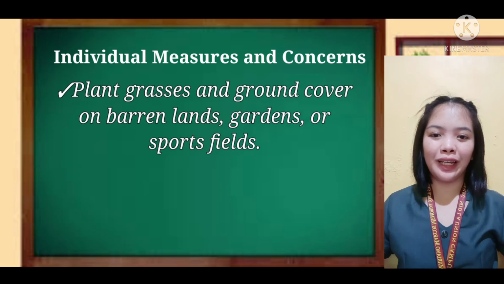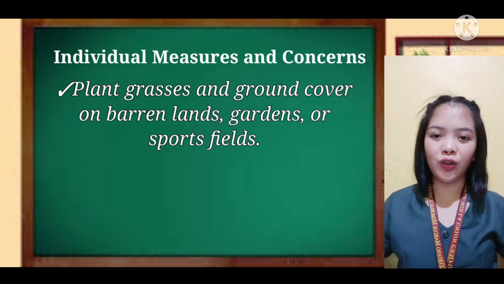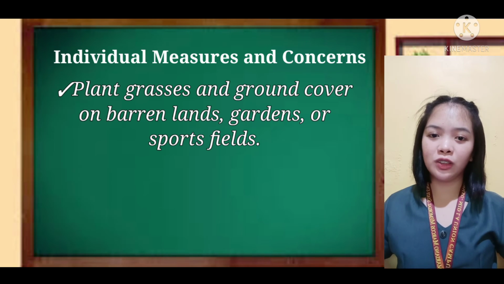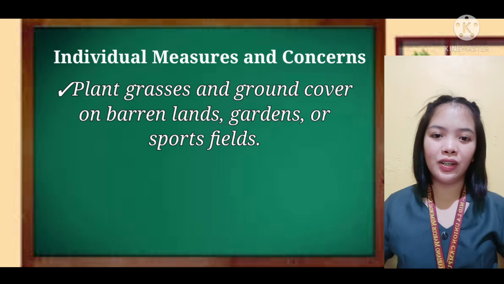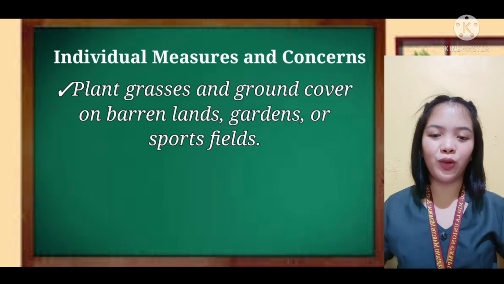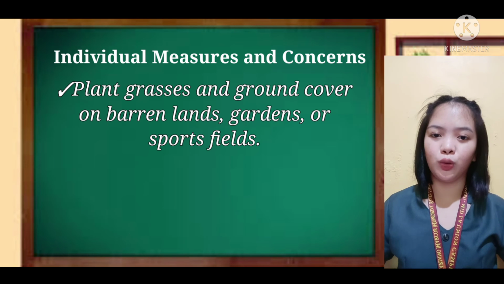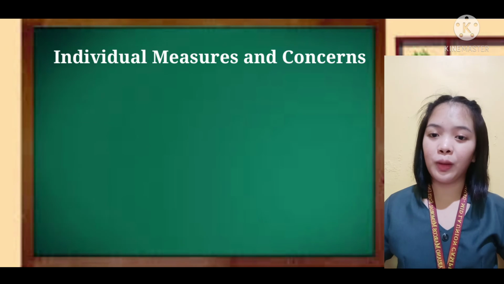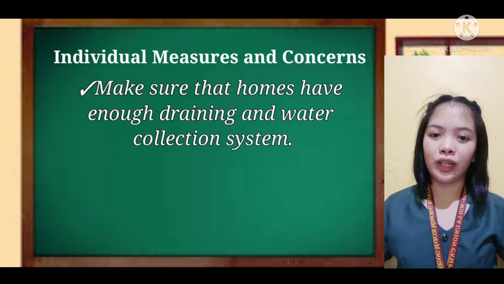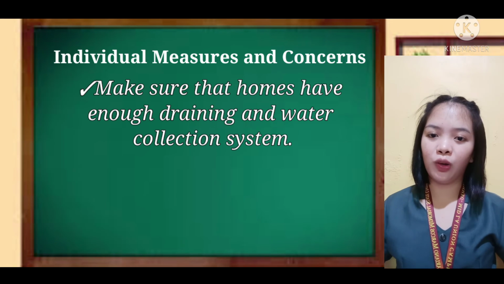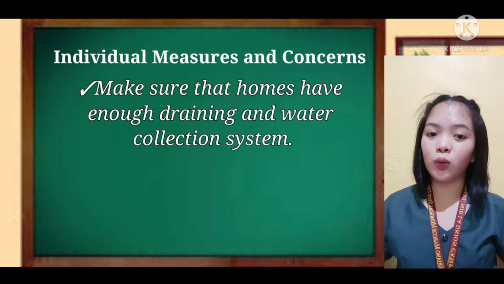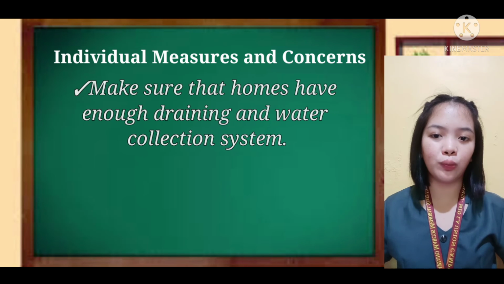Number 2 is to plant grasses and ground cover on barren lands, gardens, or sports fields. The grass or ground cover will help retain the soil when these areas are exposed to rain or wind. Number 3, make sure that homes have enough drainage and a water collection system. This will prevent the flow of gushing water that will wash away all the topsoil in and around your home.